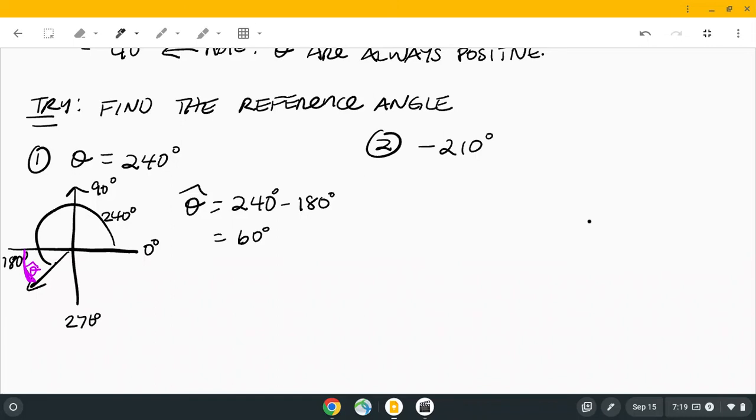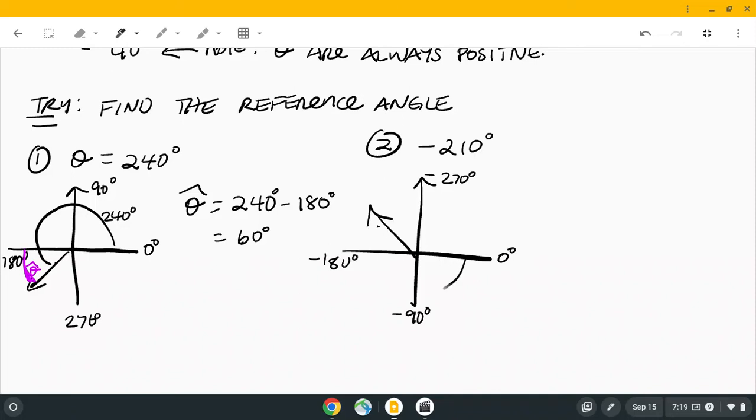Okay, negative 210 degrees. So here's 0, negative 90, negative 180, and negative 270. So negative 210 is somewhere in here. And we see that all the way from here to here is negative 210.